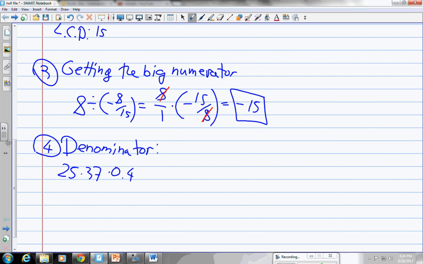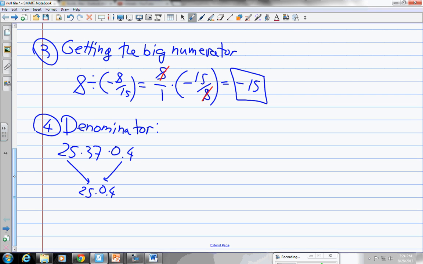But what is that 0.4 doing? It's dividing by 10, really, right? It's taking away a 0. So if 25 times 4 is 100, what is 25 times 0.4? 10. So if I just pair these two numbers, 25 times 0.4, that's 10.